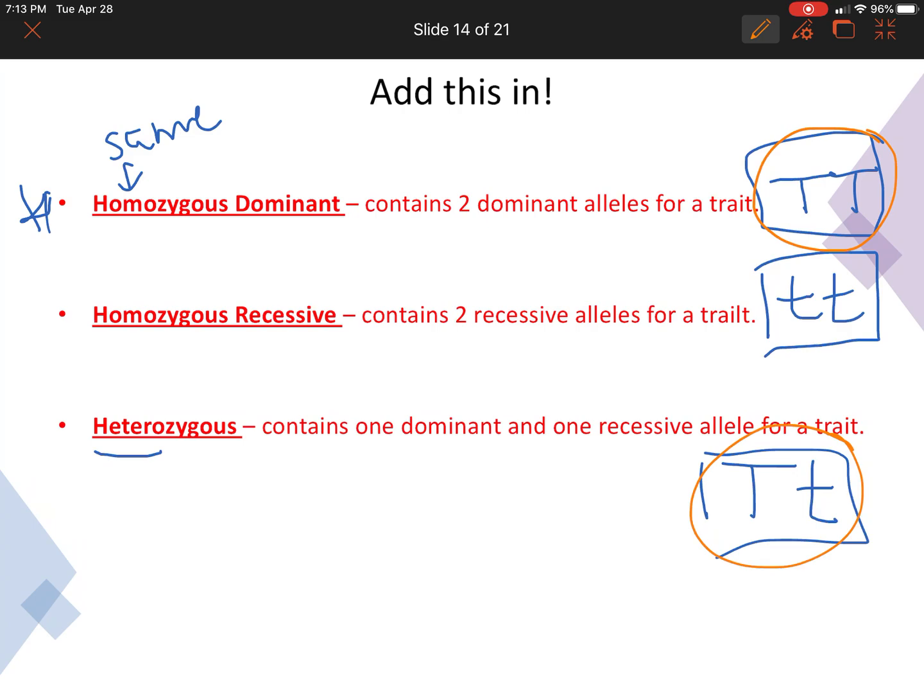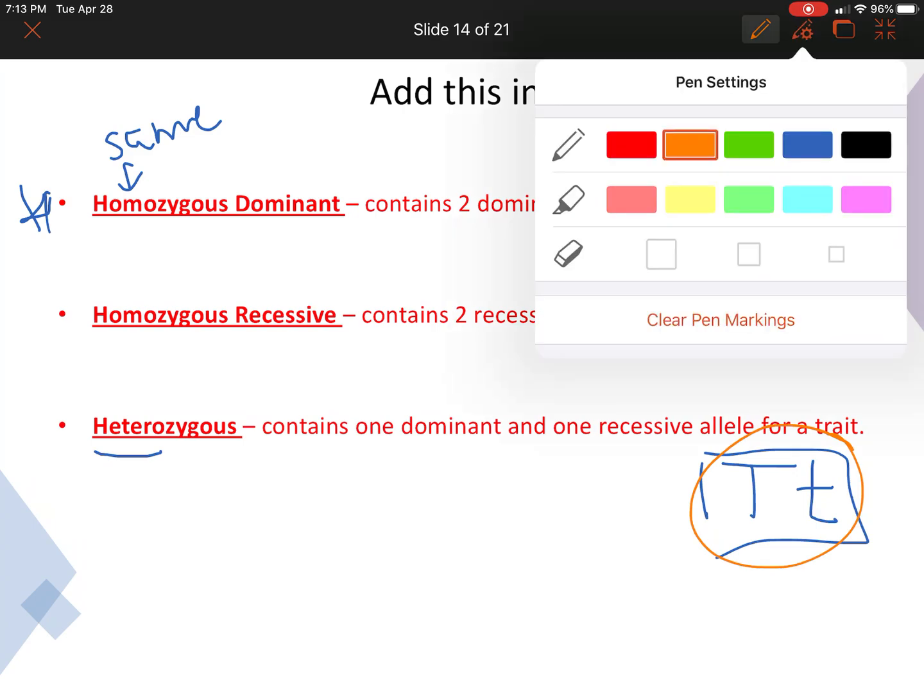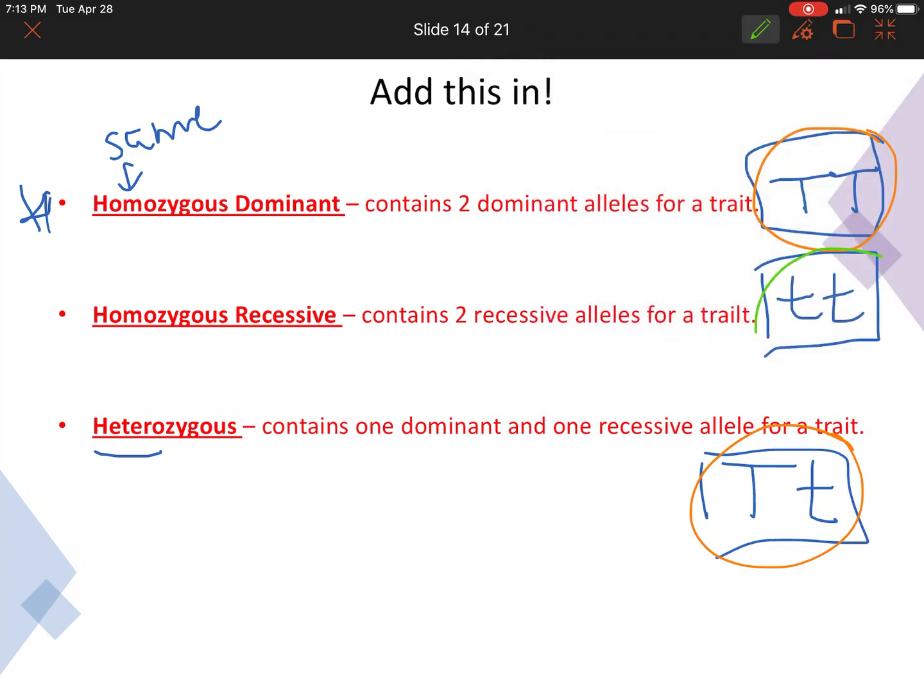Those will have the same phenotype, whereas this one's going to have a different phenotype. It's going to look different. So even though the genotypes of the homozygous dominant and the heterozygous are different, the phenotypes are going to be the same. It's a little confusing, but you'll get the hang of it as we move forward.